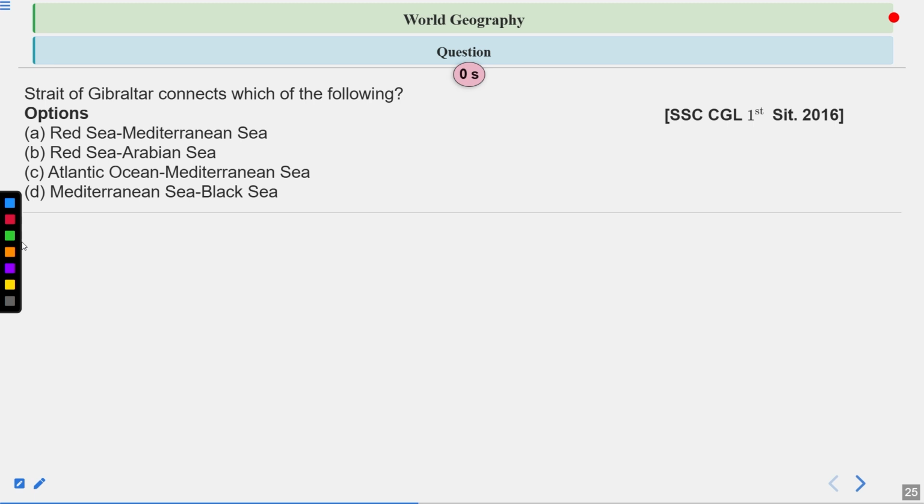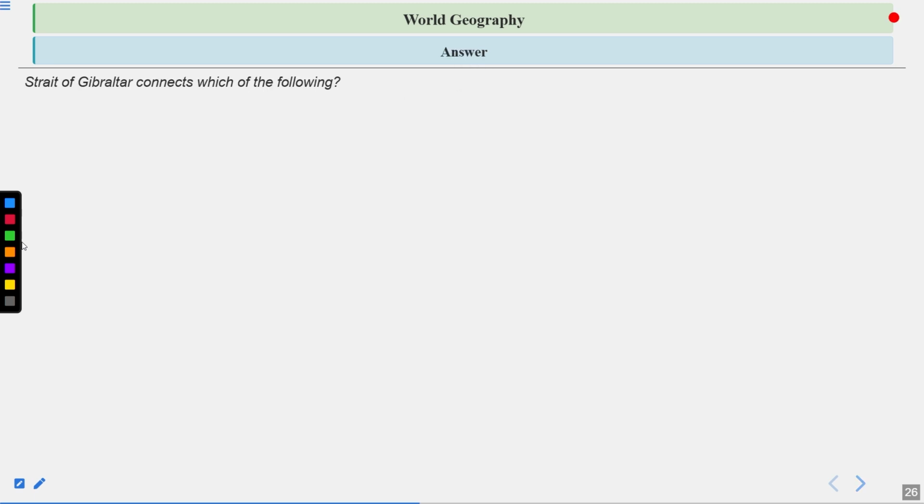So Strait of Gibraltar is found separating Europe and Africa, and basically it separates Spain and Morocco. And by that we can understand that the two seas that it will connect are Atlantic Ocean and the Mediterranean Sea.